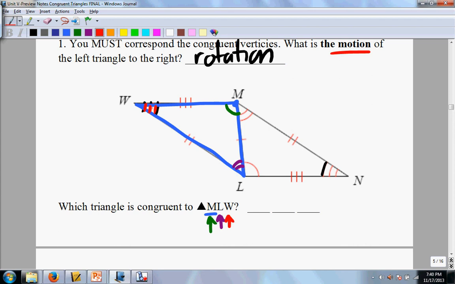So to go that exact same order on the other side, watch carefully, we must start with the single sweep. Then we have to go to the double sweep. Then we go to the triple sweep. So we must go in this order. L, M, W, and back around. Excuse me, L, M, N. And in this case, that would be single sweep, double sweep, triple sweep. So you have to align your vertices when we're dealing with congruent triangles. Notice the hatch marks.